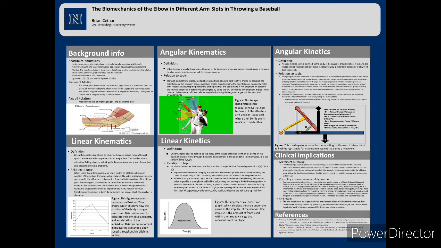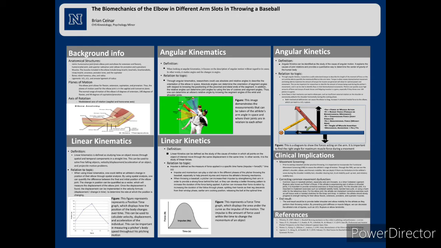Linear kinetics is important to know because it's defined as the study of the cause of motion in which all points on the object of interest move through the same displacement in the same time. It's pretty much studying the linear forces.